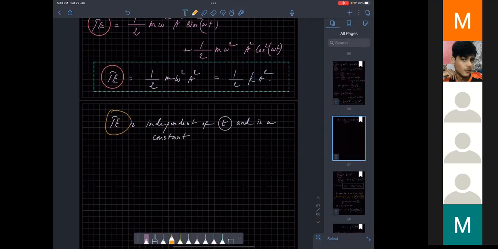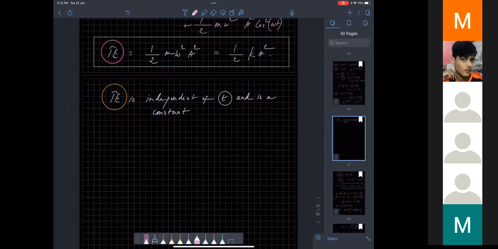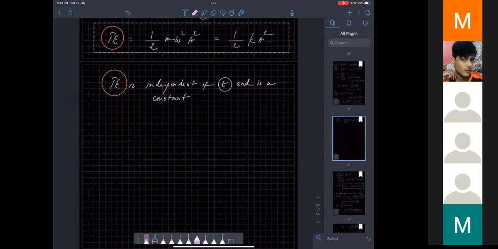Total energy is equal to potential energy max, which is equal to kinetic energy max.